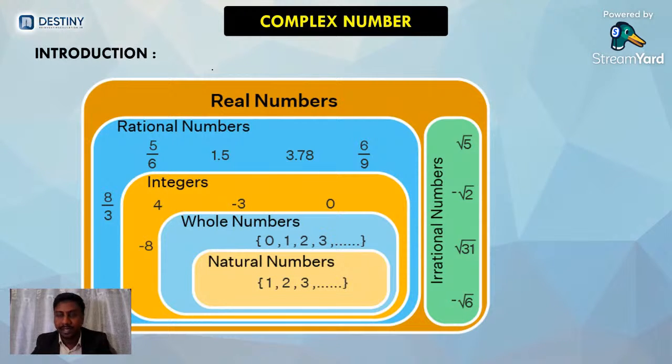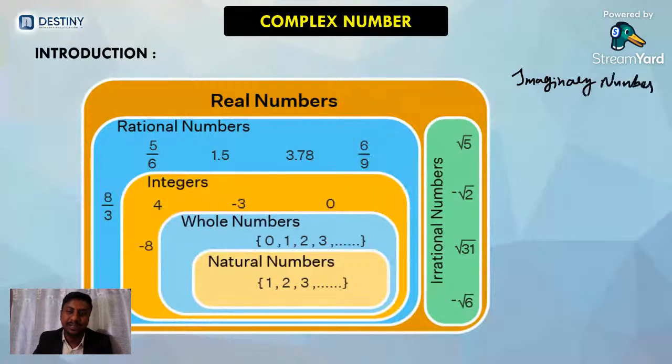To know what a complex number is, first we should know about imaginary numbers. What is an imaginary number? Till now you might have learned about real numbers, that is rational and irrational numbers. A rational number is in the form of p by q. An irrational number is not in the form of p by q, right?